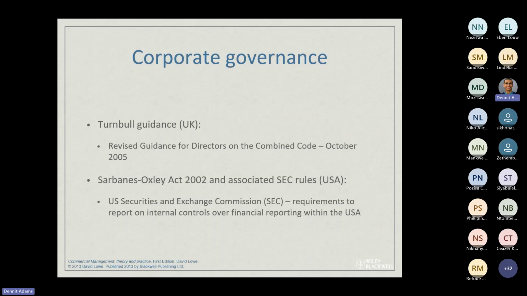You can go look at these different rules or regulations. So the US Securities and Exchange Commission, the SEC, sets the requirements to report on internal controls over financial reporting within the USA. So it's basically their banking auditors. They look at the whole country on securities and exchange.